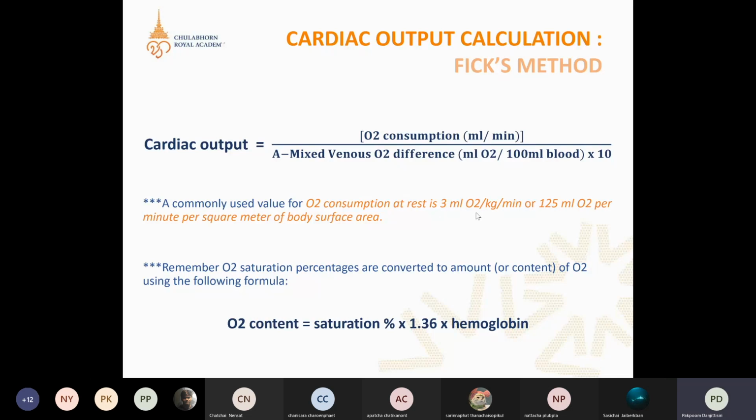But if you have information about the patient such as the BSA, you just multiply the BSA by 125. That's it.